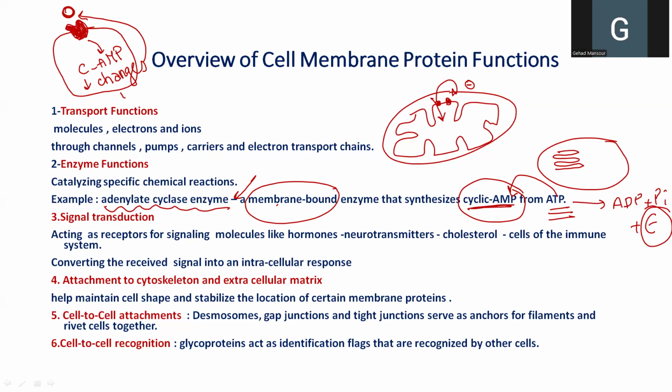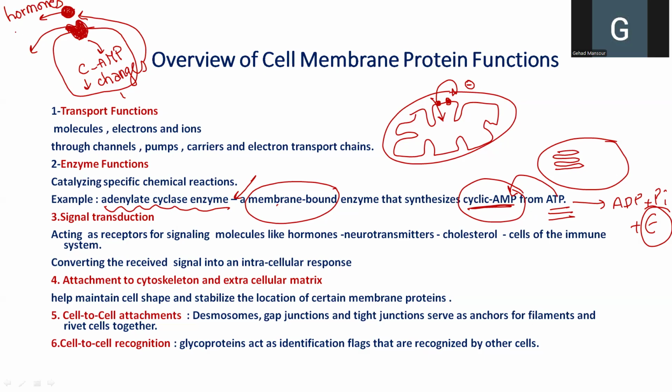The third important function of the cell membrane proteins is signal transduction. We have just talked about receptors. These receptors may receive signaling molecules, and those signaling molecules may be, for example, hormones. They may be neurotransmitters in the brain that transmit information from one nerve cell to another.